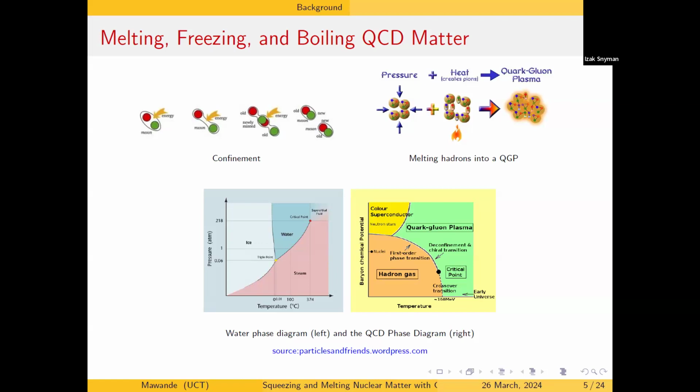This calculation can be done also at zero temperature and finite baryon chemical potential, but the rest of this is really just speculation. And there's a first order phase transition over here, and the critical point. This is still speculative, and one of the goals of QCD practitioners is to see if they can shed light into this region. Okay.